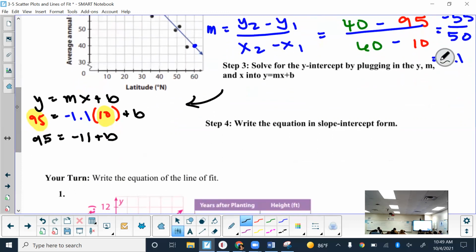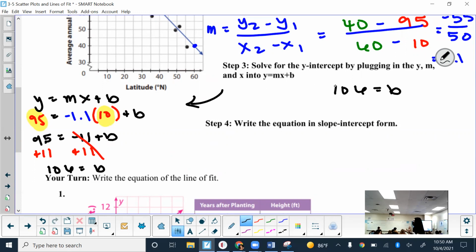How do you get the b by itself? Add 11. Think about what you need to do to make it 0. If I divide, it'd become 1, and we don't want 1 plus b, we want 0 plus b. So cancel it out. What's 95 plus 11? 106 equal to b. Questions there?